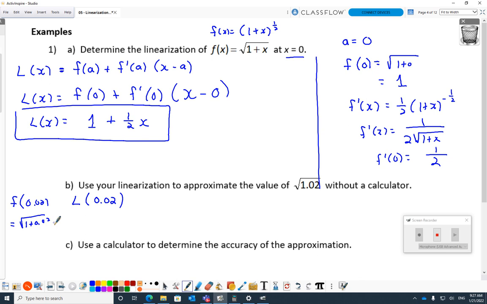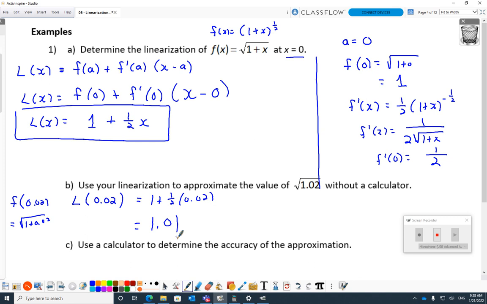So that's a little bit strange that I had to choose 0.02 there. But the evaluation isn't too bad. 1 plus 1/2 of 0.02, 1.01. I estimate that the square root of 1.02 is 1.01. That's my estimate for my linear approximation.